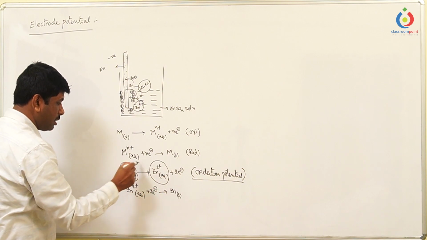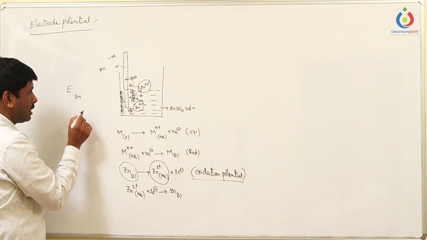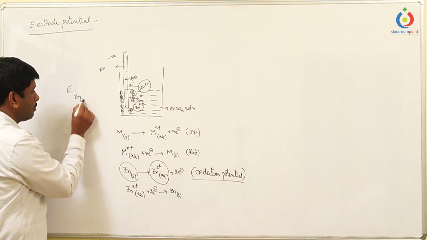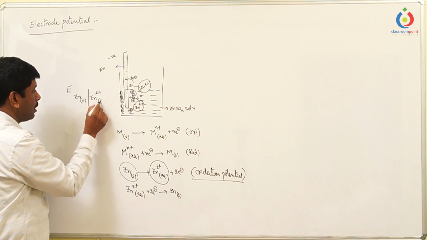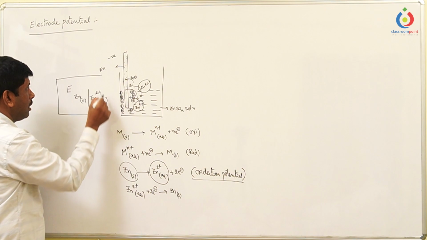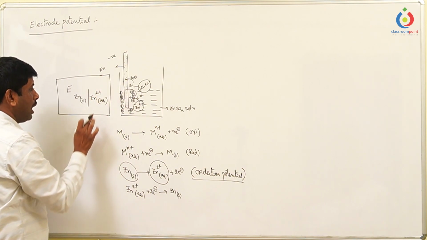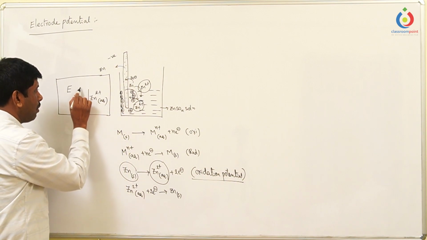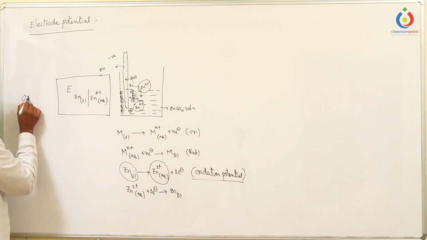That means this reaction is the more dominant reaction, so we can write down the reaction that happens at the electrode: zinc solid converted into Zn2+ in aqueous form. So this is called the electrode potential that happens at this electrode, and this electrode is having the oxidation reaction. That's why it is known as the oxidation potential.